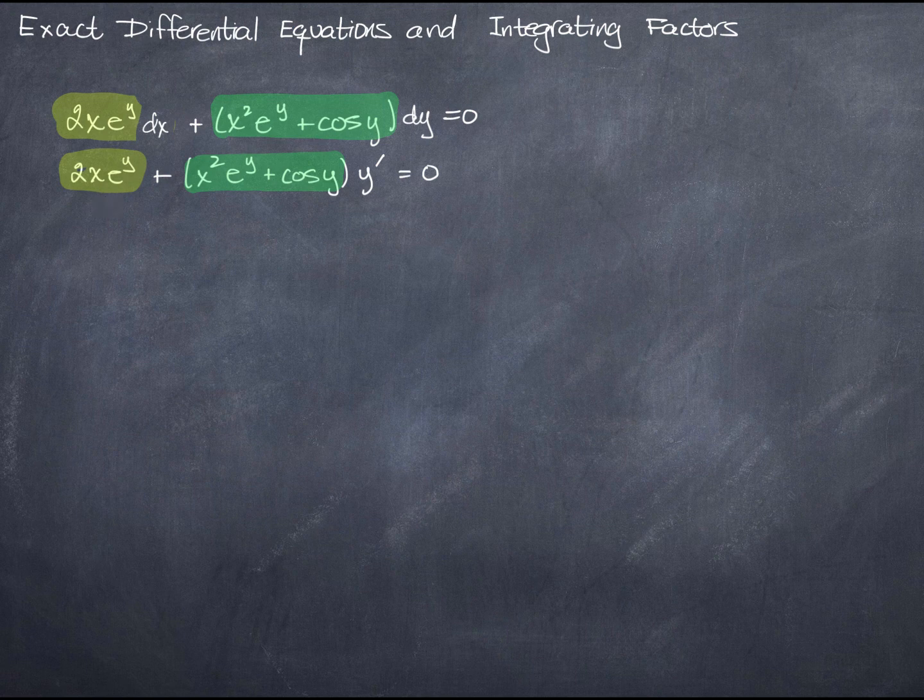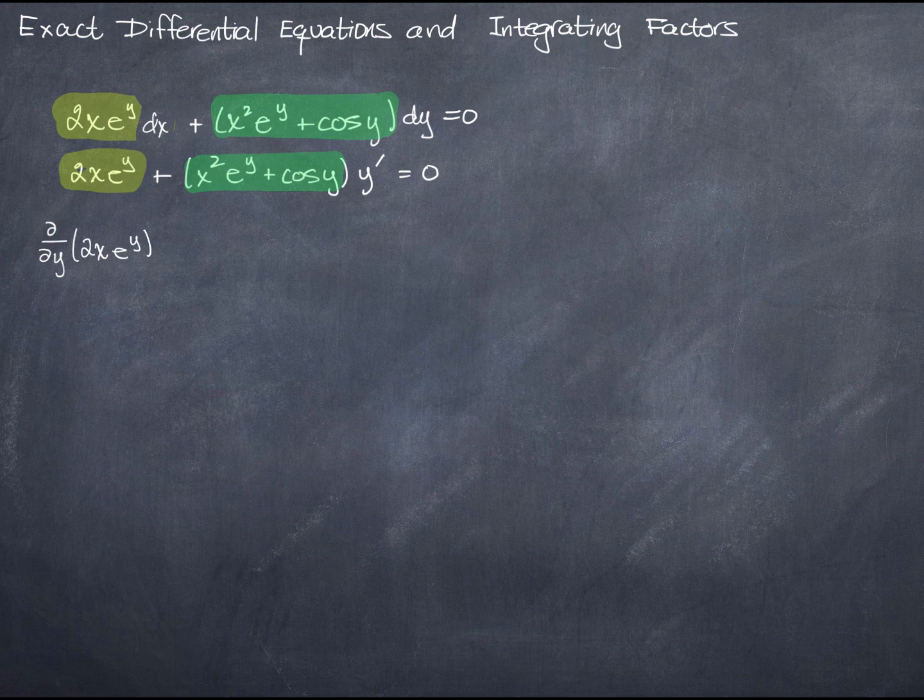But what we're going to do is take what would have been the second partial derivative of the function we're looking for, with respect to y. To do that, all we need to do is assume that this is already the first partial with respect to x, and take the partial with respect to y of that function.